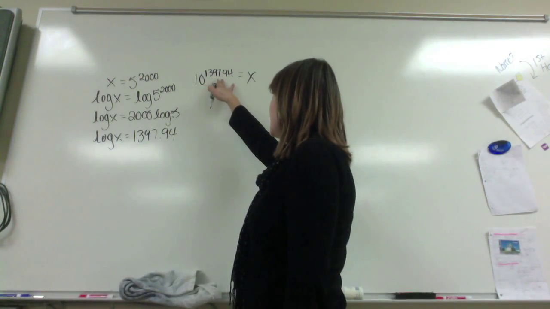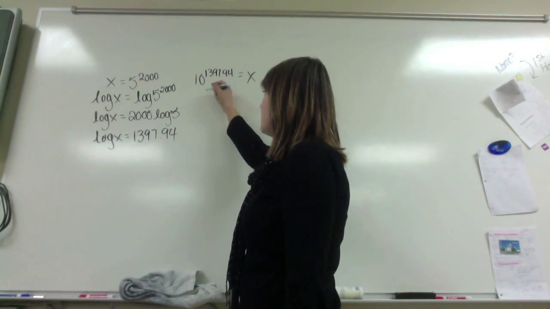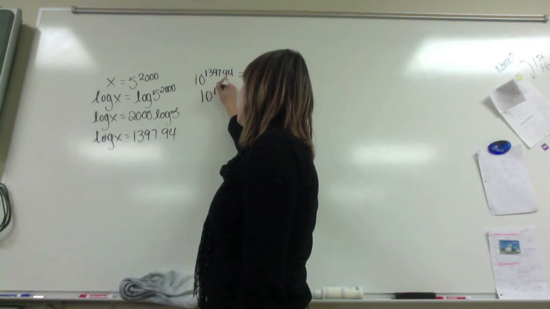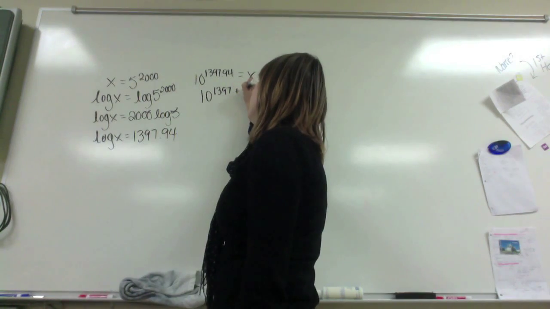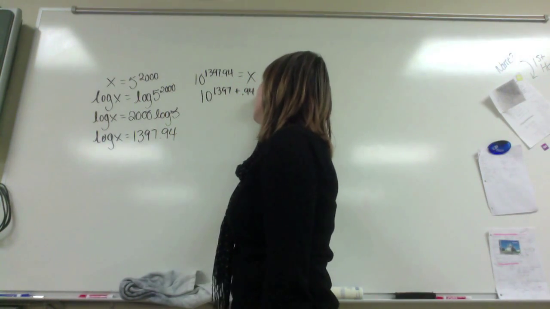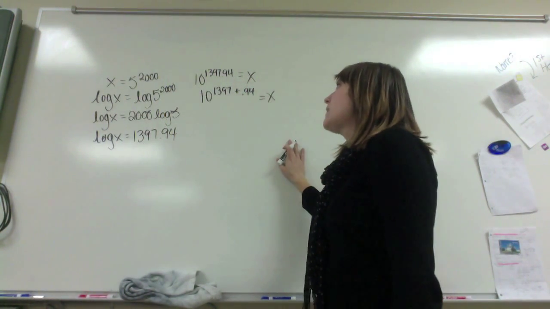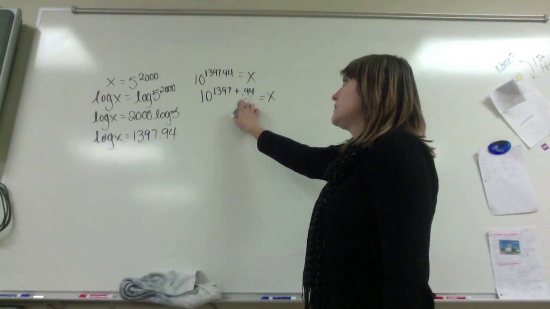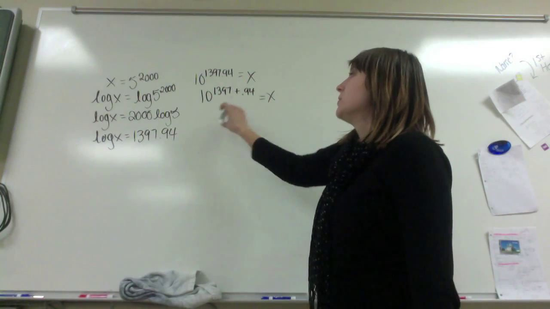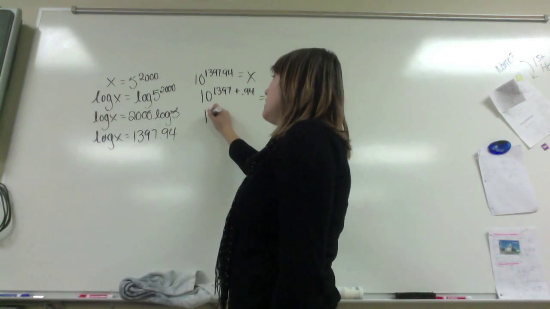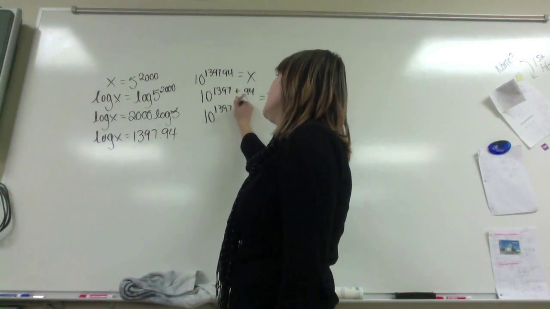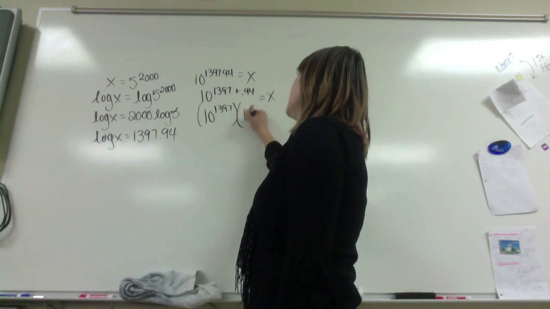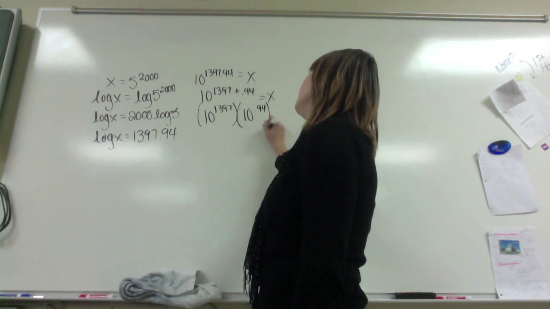This 1397.94 is just 1397 plus 0.94. Since I'm adding my exponents, I can split that up into multiplying my bases. So that'll be 10 to the 1397 times 10 to the 0.94.